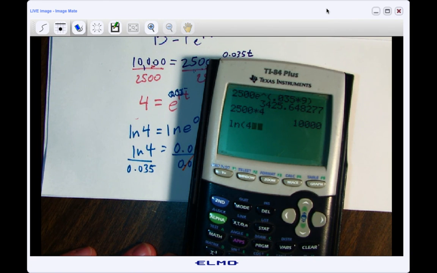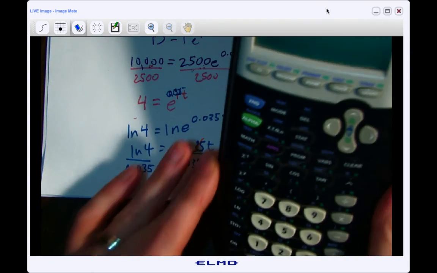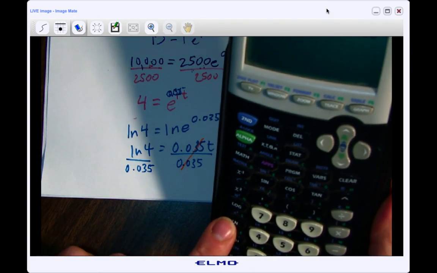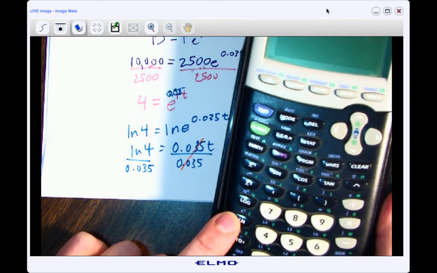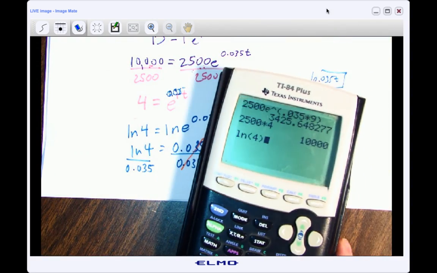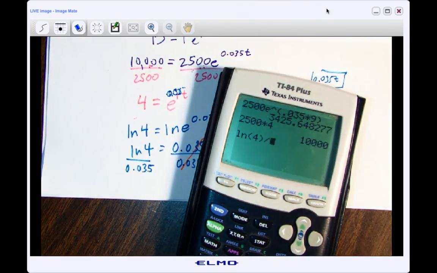So I'm hitting that ln button, the one that's underneath the e to the x, because these guys are actually inverse functions, so they put them on the same key. Isn't that convenient? Divided by 0.035, and it tells me it's going to take about 39 years. Well, closer to 40 years, right? 39.6 years to actually get $10,000 in my account.